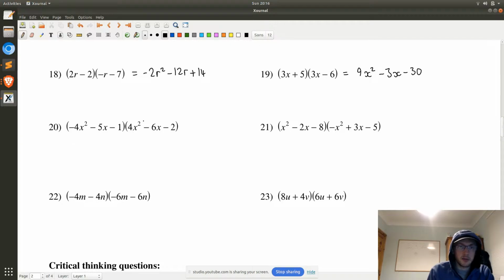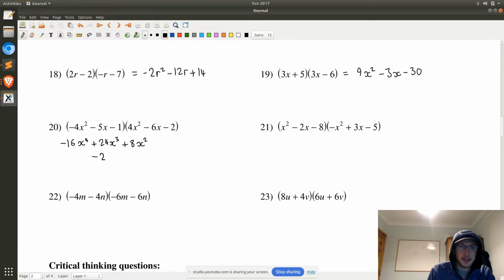Okay, just multiply through by negative 4x squared. Negative 16x to the 4 plus 24x cubed plus 8x squared. Next, multiply through by negative 5x.